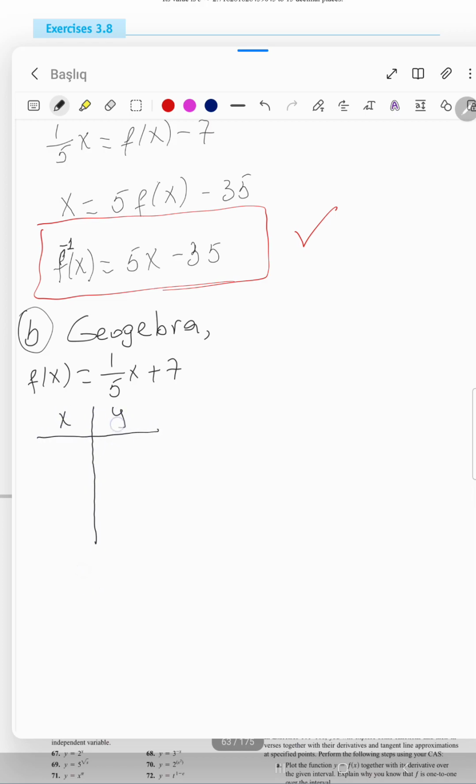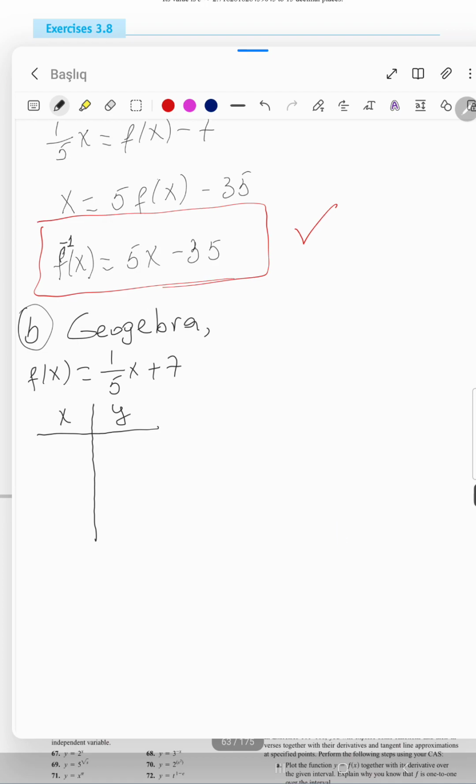X is here, y here. Let's say you don't know how to find it. You can see obviously here k is positive. If it's positive, it means your angle alpha will be positive, and this angle should be less than 90 degrees.